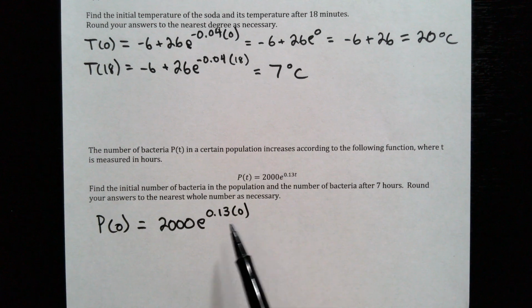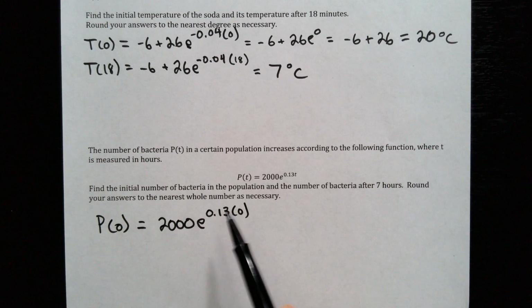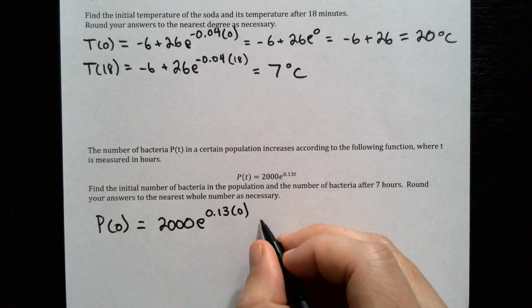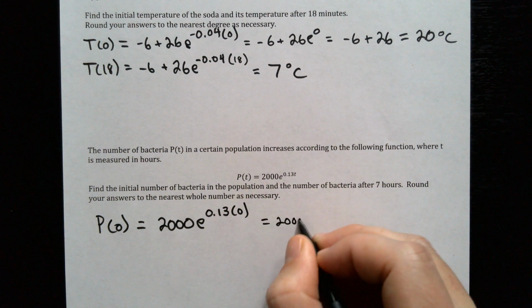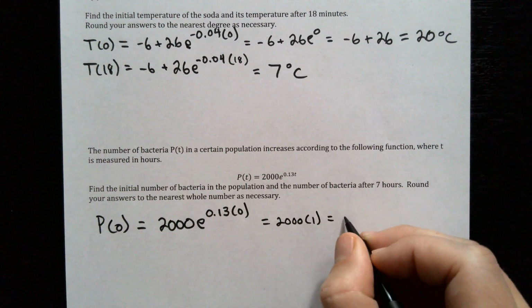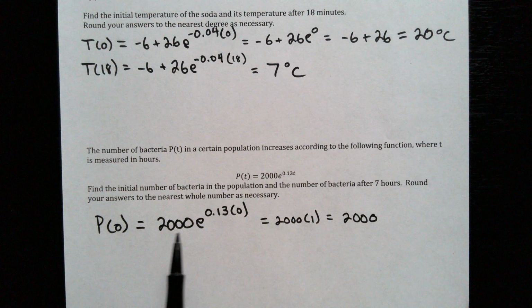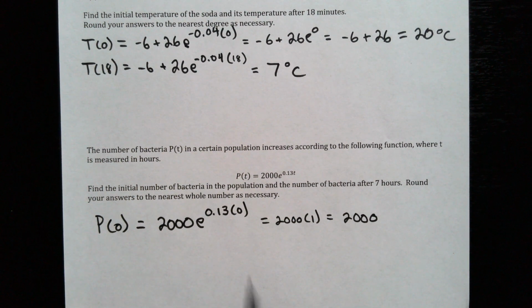Just like on the last problem, when there's 0 in the exponent, this whole thing becomes 0. And then e to the 0 is 1. So you end up getting 2000 times 1, which is just 2000. Also, when you have a function set up like this, the front number is always your initial amount, right? But you can always plug in the 0 to find out.